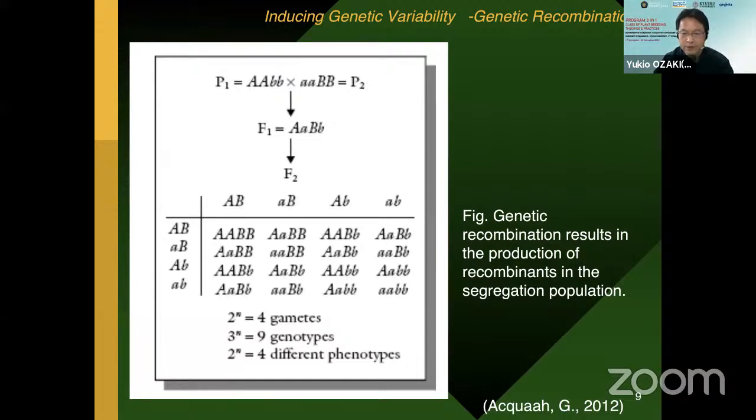In these examples, two new homozygote genotypes, aabb and AABB, are obtained.